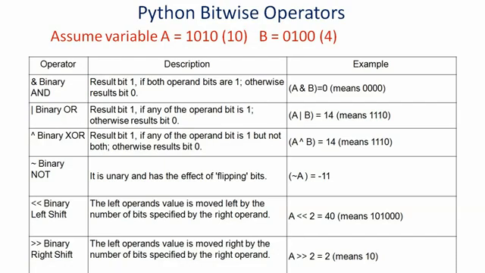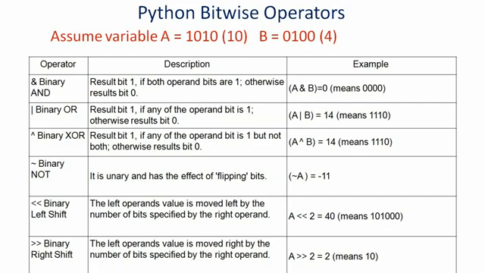Now here, binary left shift. The left operand value is moved left by the number of bits specified by the right operand. For example, A binary left shift 2, the bits of A are shifted to the left by 2 digits. It will give us a new number in decimal as 40.